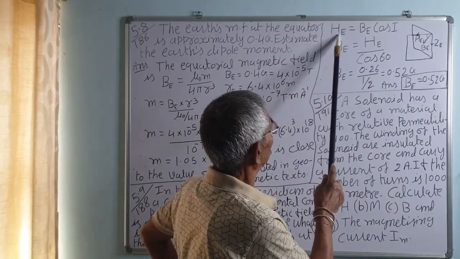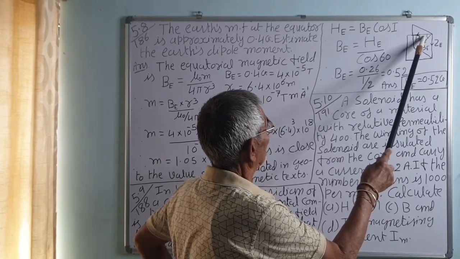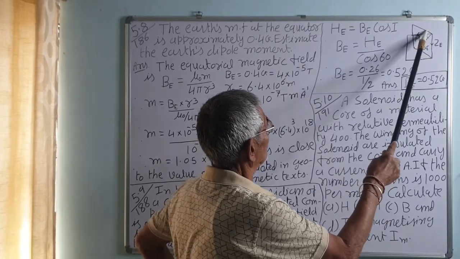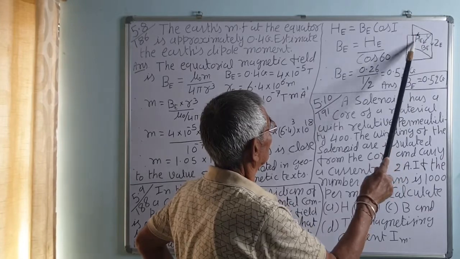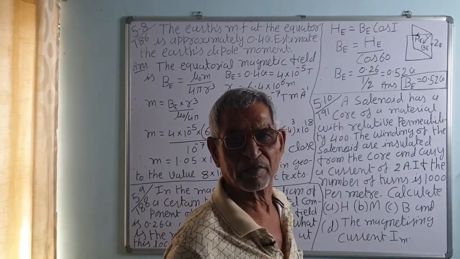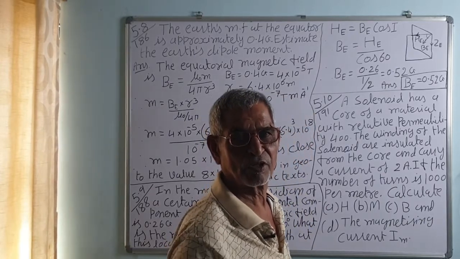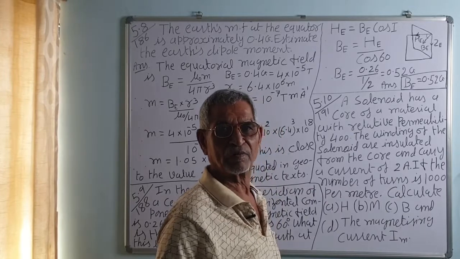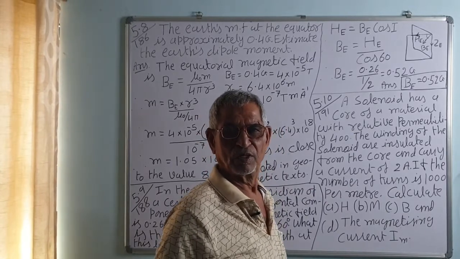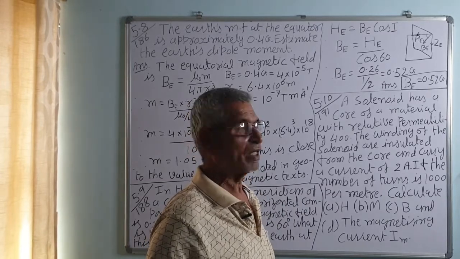So HE is equal to... this angle is theta, the dip angle. The angle between the two meridians, the geographical meridian and the magnetic meridian: the vertical plane passing through the geographical north and south is called the geographical meridian, and the vertical plane passing through the north and south of the earth's magnetic poles is called the magnetic meridian.